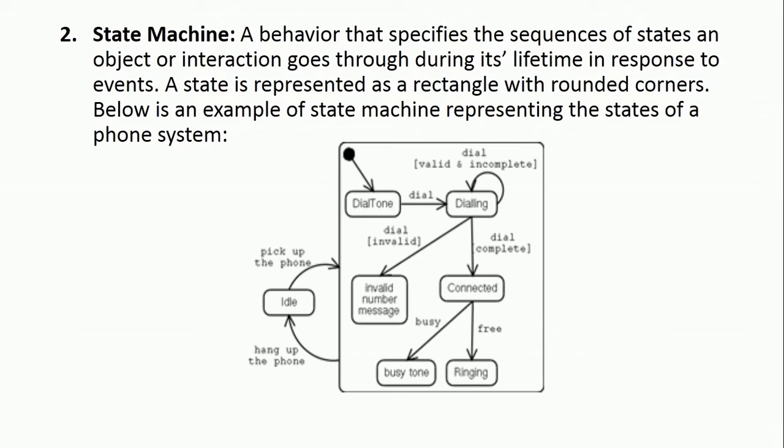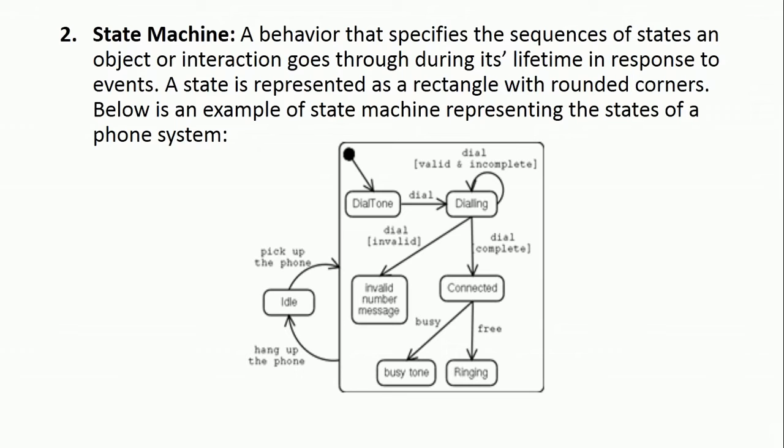First one is dial tone. After getting the dial tone, there will be a dial process and after that dialing. It may be invalid or it may lead to the dial complete option.